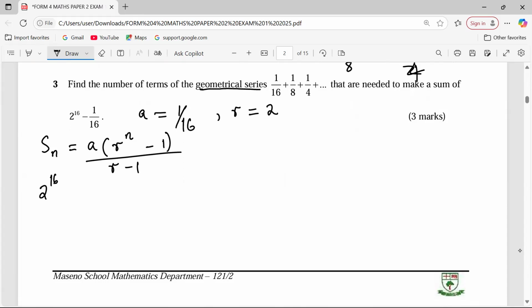So 2 power 16 minus 1 over 16 is given by the first term, 1 over 16, into r, which is 2, raised to a known n minus 1. Then this is divided by 2 minus 1.